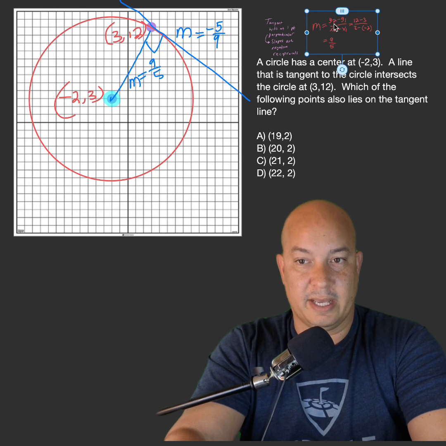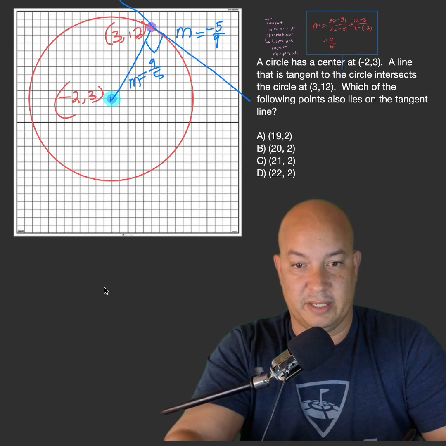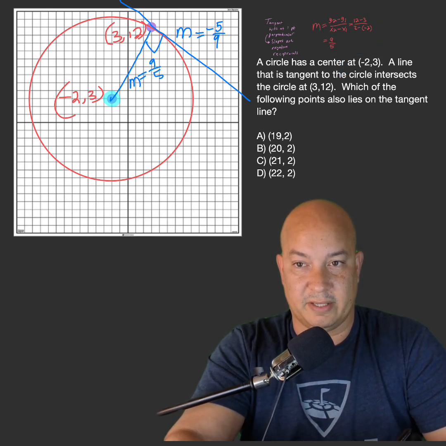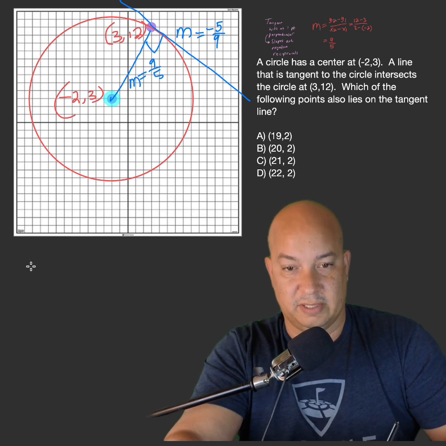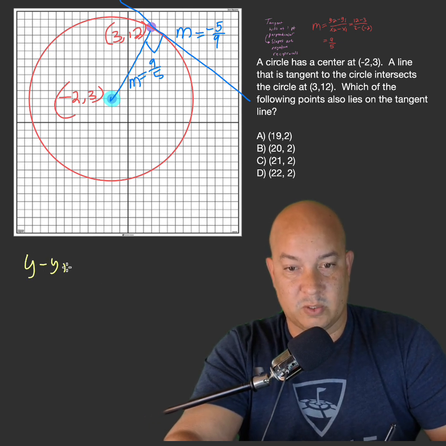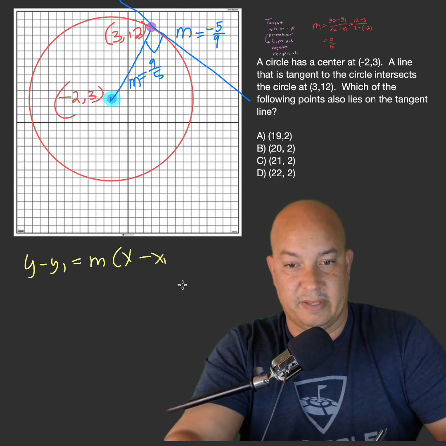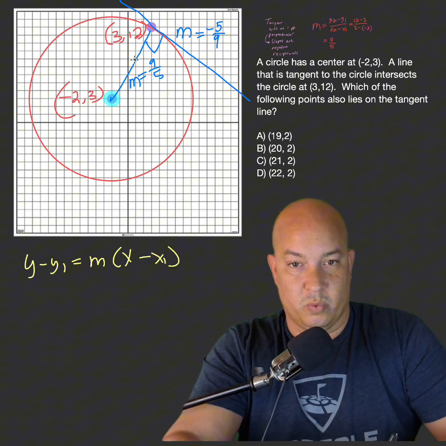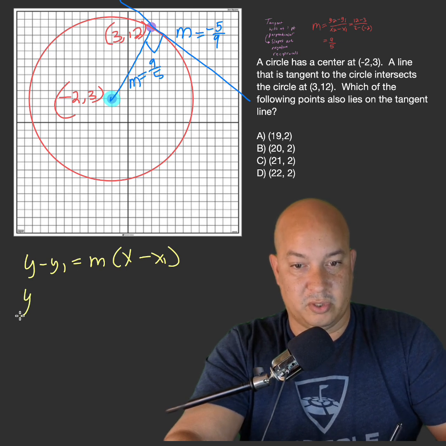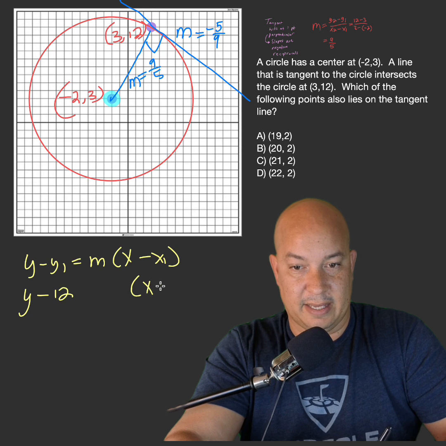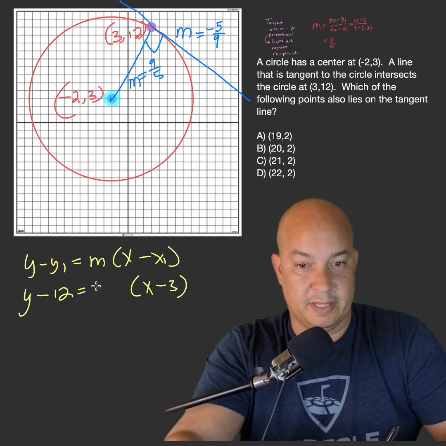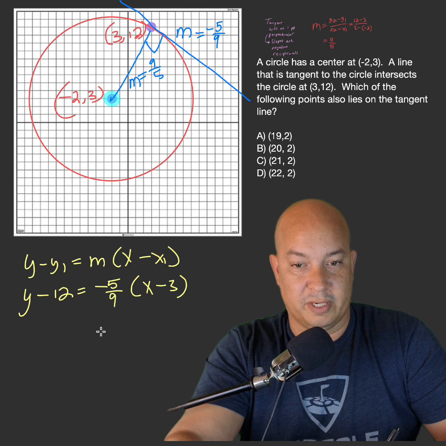Now, if you don't have that equation memorized already, you definitely want to have it. The point slope equation of a line is y minus y1 equals m(x minus x1). So let's plug in what we have into that equation. We have our point 3, 12, so y minus 12 and x minus 3, and we have our slope -5/9.